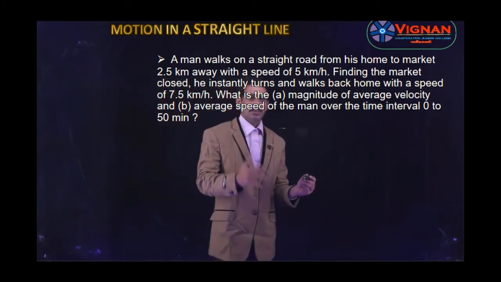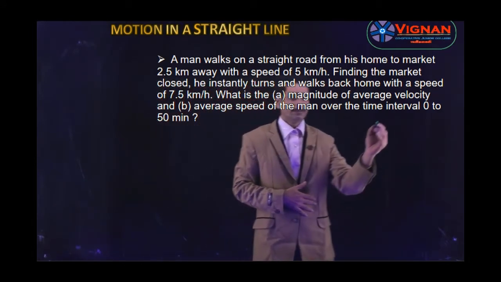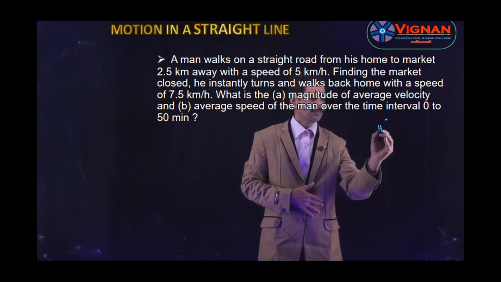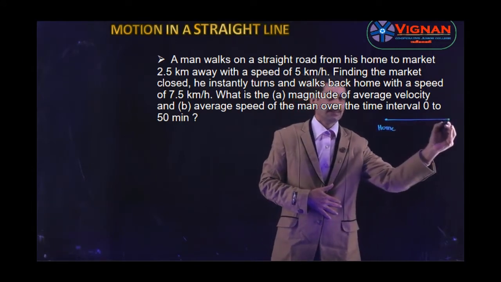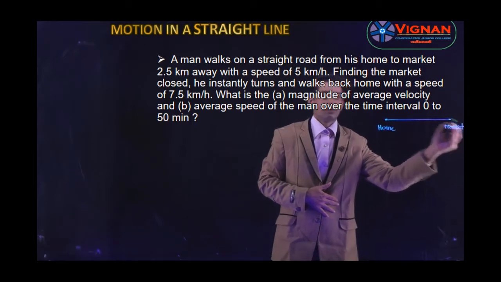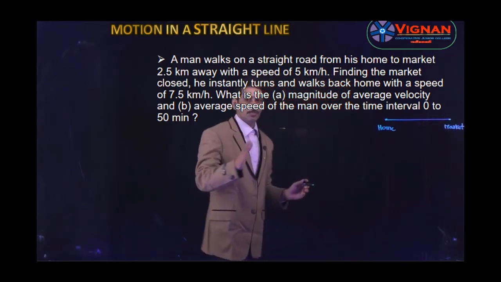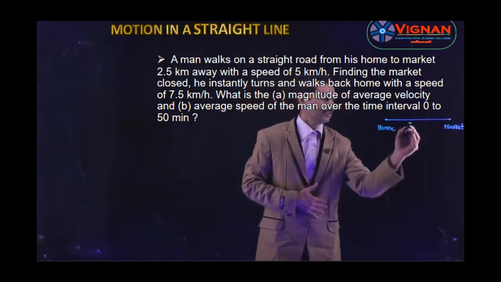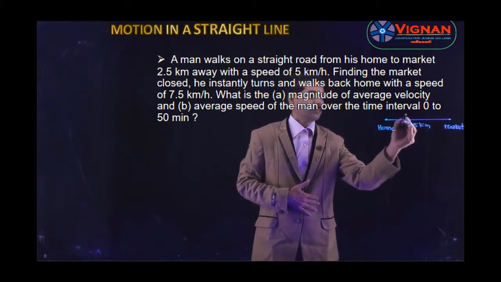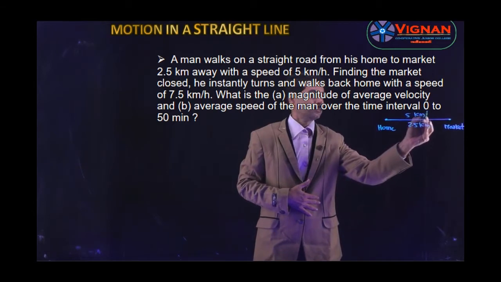So a man walks on a straight road from home to market. Let us consider this is the home. He started from home and reached the market, at a distance of 2.5 kilometer, with a speed of 5 km per hour.